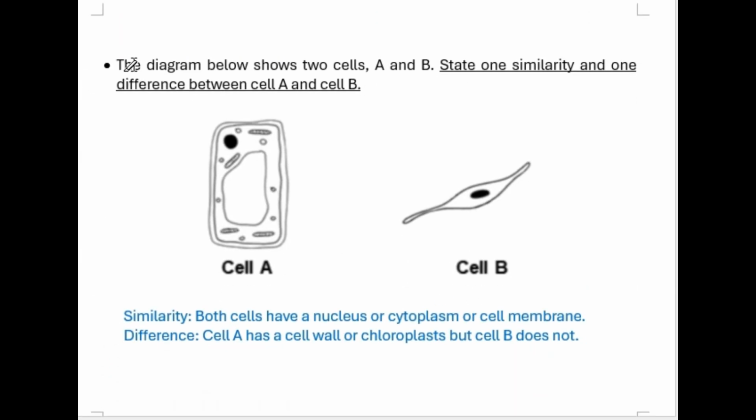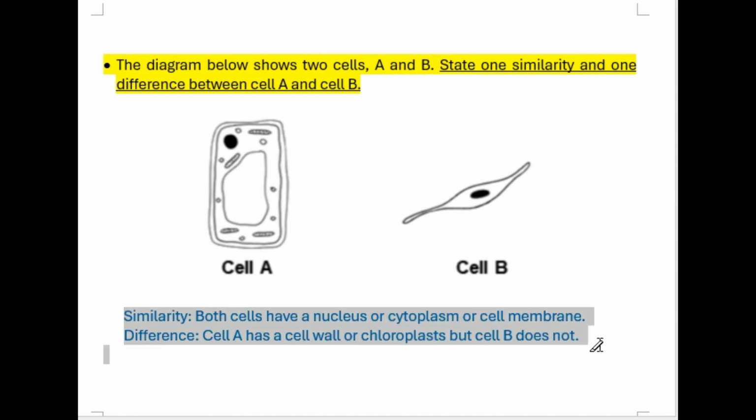The diagram below shows two cells, A and B. State one similarity and one difference between cell A and cell B. Similarity: both cells have a nucleus, a cytoplasm, a cell membrane. Difference: cell A has a cell wall or chloroplasts, but cell B does not.